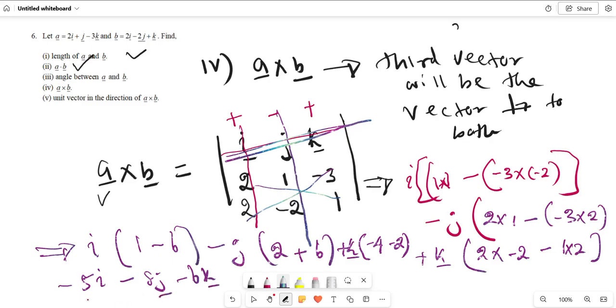So this is the cross product of A and B, A cross B. So A cross B equals minus 5i minus 8j minus 6k. So I'll erase this and write that one.